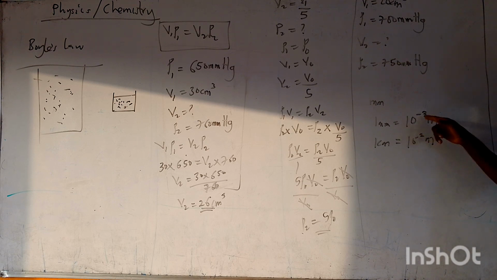Look at it now. This is 1 over 1,000, and this is 1 over 100.